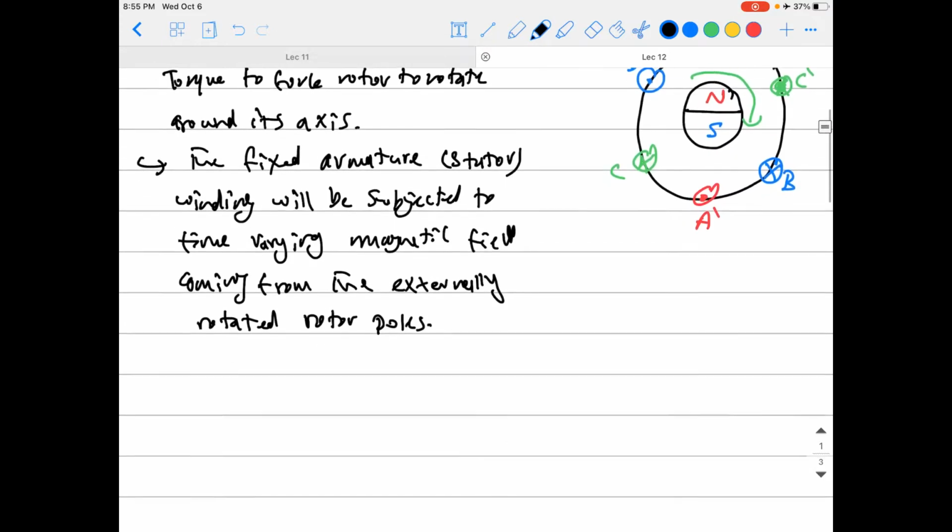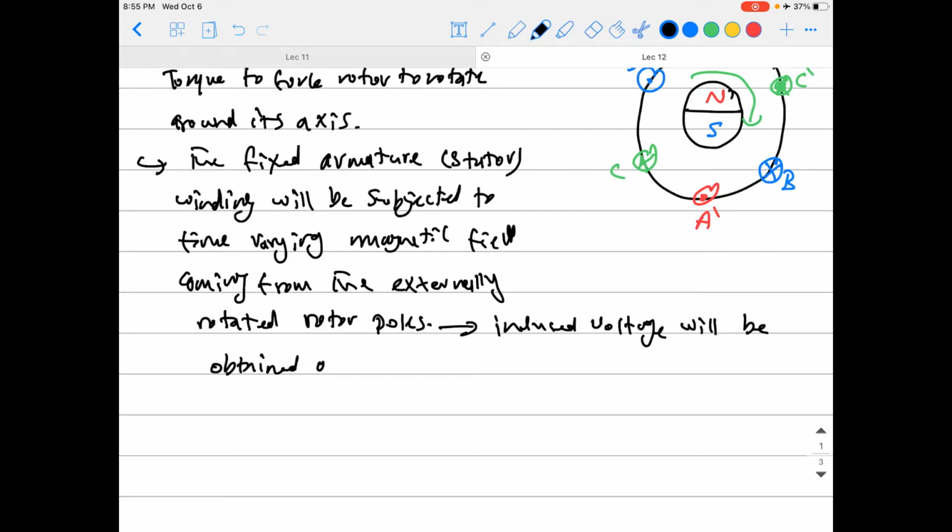These are all the conditions you need to have induced voltage in this winding. So induced voltage will be obtained in the armature three-phase winding.